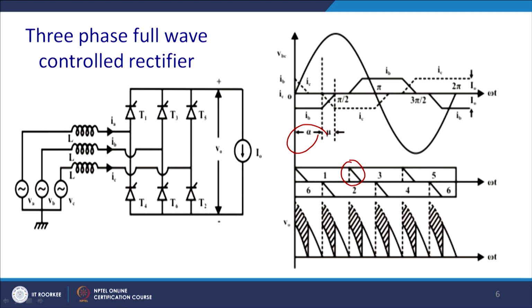Thus you will have a drop in the voltage that is shown; without the source inductance you would have got this, but you get this much less voltage due to the source inductance. Ultimately you get the load voltage as the unshaded part, that is the white part. The total voltage would have been basically the shaded part.